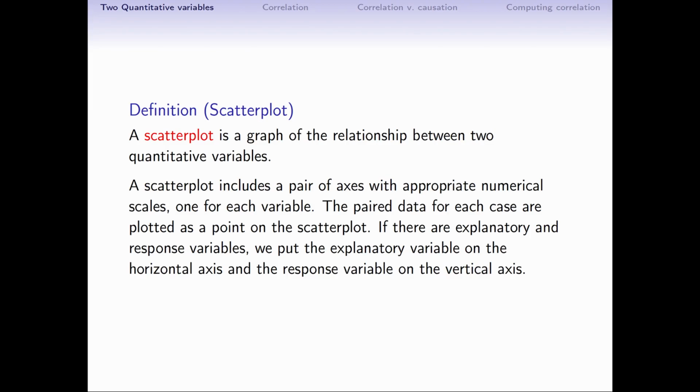The paired data for each case are plotted as a point on the scatter plot. If there are explanatory and response variables, we put the explanatory variable on the horizontal axis and the response variable on the vertical axis. Okay, now what I want to do is look at a sequence of examples of scatter plots and study some questions associated with them.